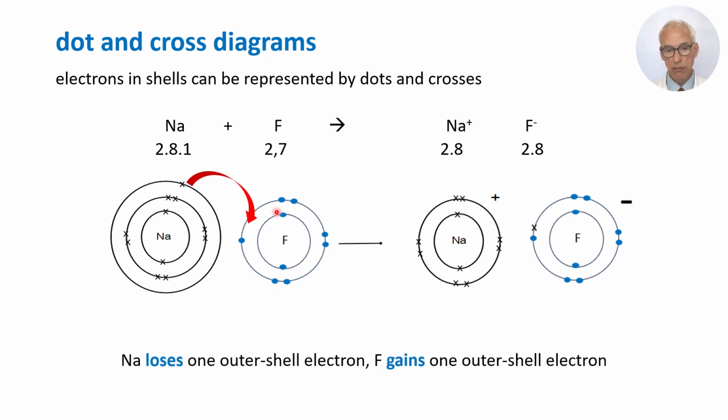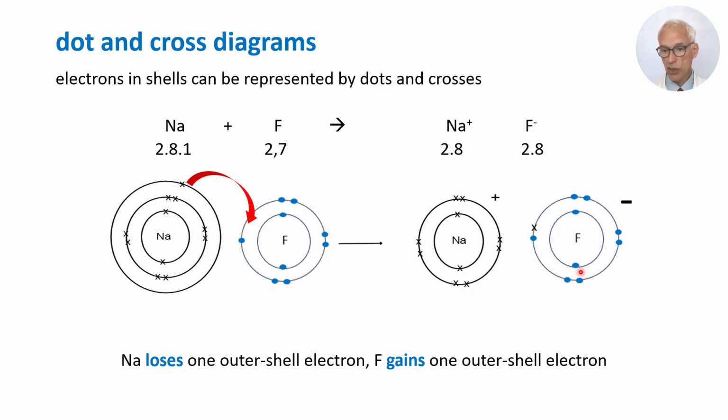So sodium loses its outer shell electron, it's transferred to fluorine, which gains that electron. So sodium 2,8 in crosses, but we keep the notation of the cross for the sodium electron that has been added to the fluorine outer shell.